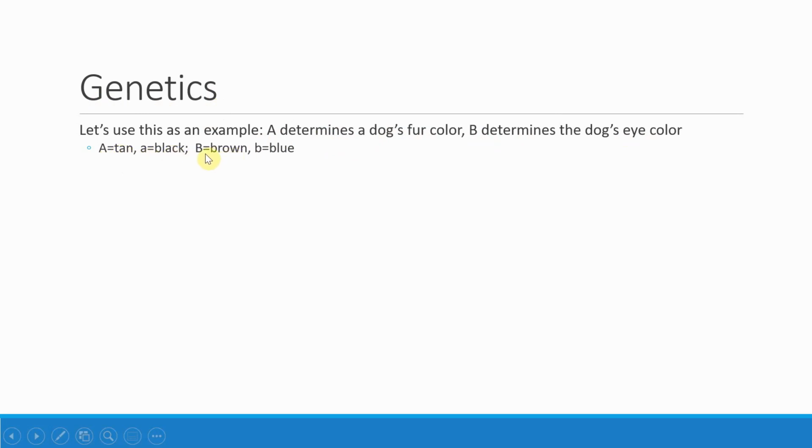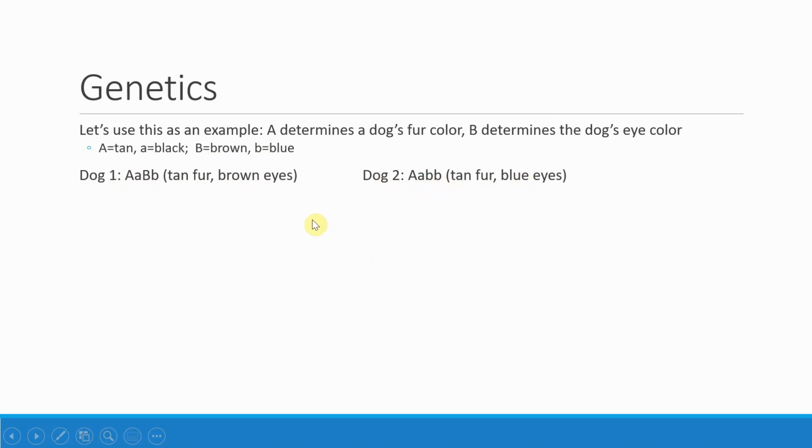For the eye colors, capital B will give us brown eyes, lowercase b will give us blue eyes. For my examples, I'm going to have two dogs. For dog 1, we're going to have capital A little a, and then capital B little b, so tan fur, brown eyes. And then dog 2, I'll have capital A little a again, so again tan fur, and little b, so blue eyes.